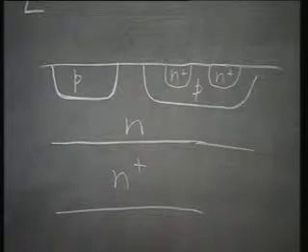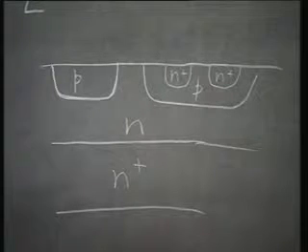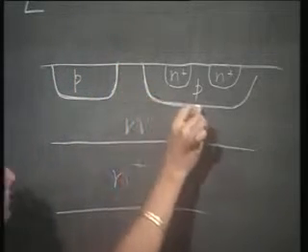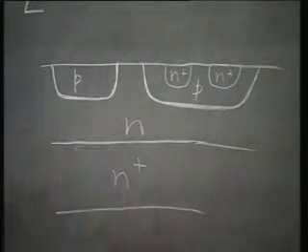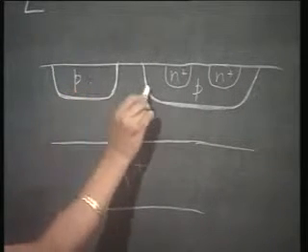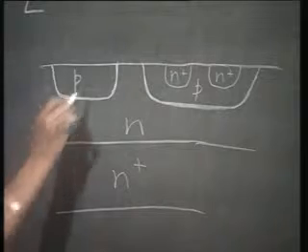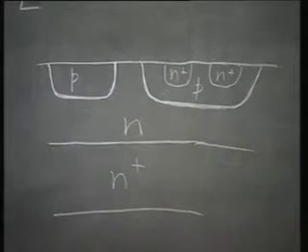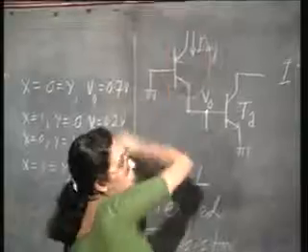I have used this N on N plus epitaxial substrate. Now, in this I have diffused two p regions. So, you see I have a lateral PNP transistor. This is going to be my current source.